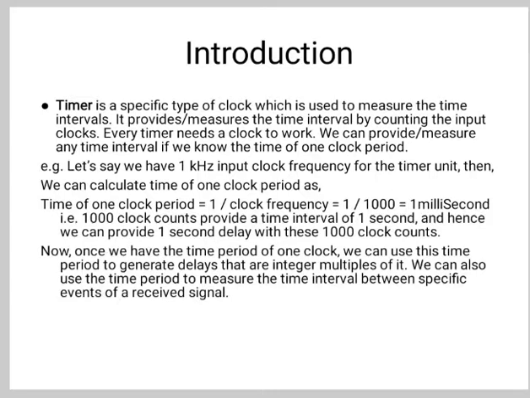Now bit 1 is counter reset. If it is 0, then the counter is not reset, and if it is 1, then timer counter and prescale counter are synchronously reset on the next positive edge of PCLK.